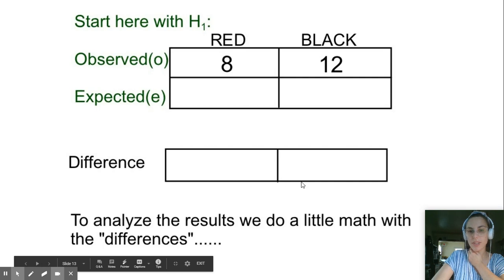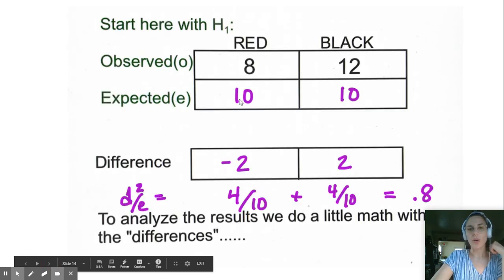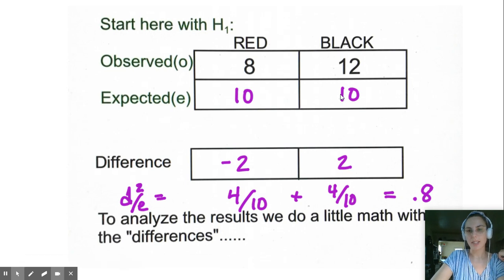Then we solve the differences. Expected was 10, so our difference is -2 and 2. You're essentially going to take the difference, square it, and add both together.